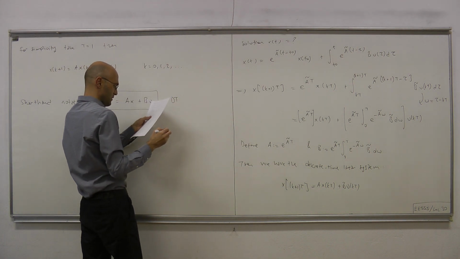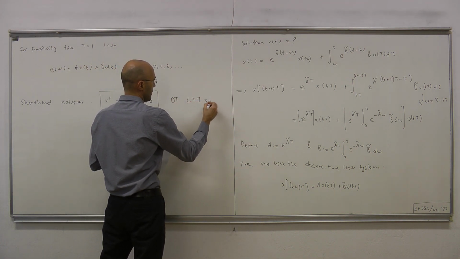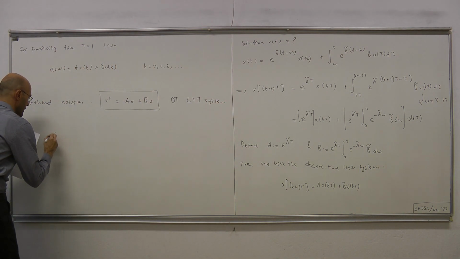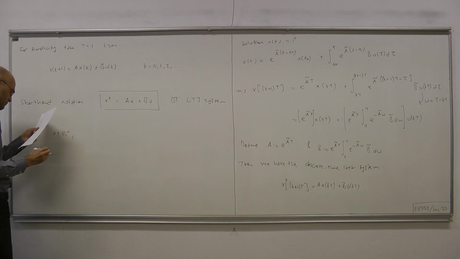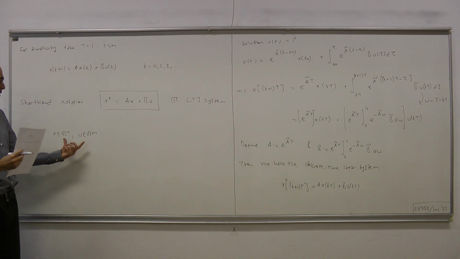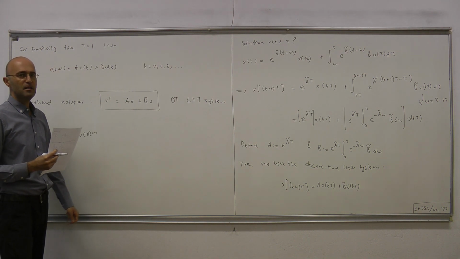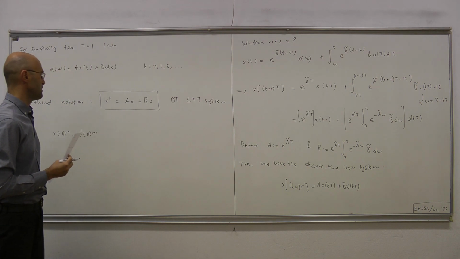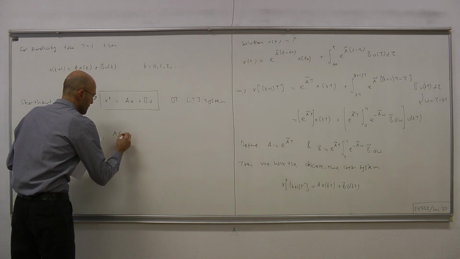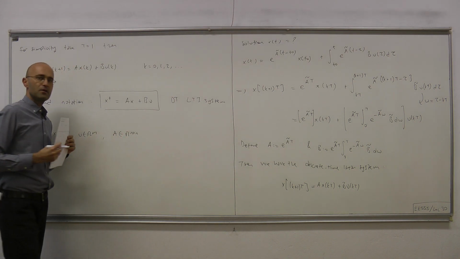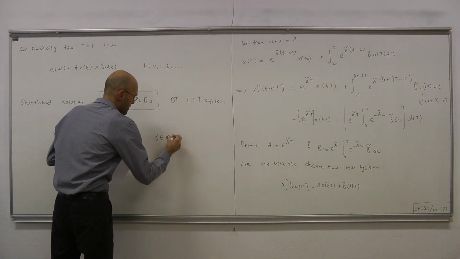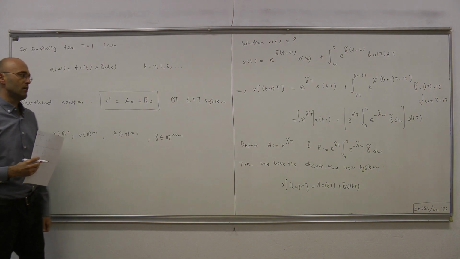This is a discrete time LTI system, where x is in R^n, u is in R^m in general, and that tells us what the dimensions of the fixed matrices A and B should be. A is a square matrix, n by n, and B is an n by m matrix.